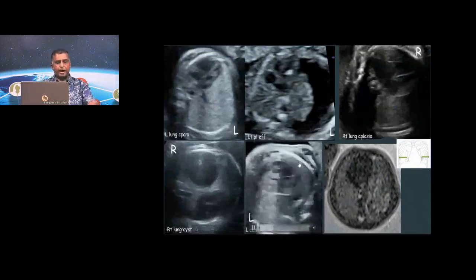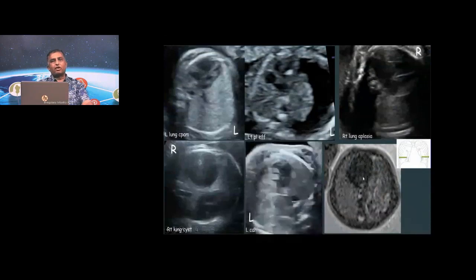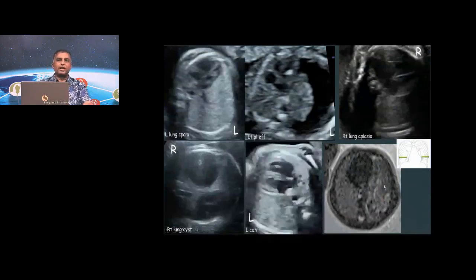Now, I want you to see the echo pattern here. That's the lung echo pattern. The echo pattern here is definitely not that of the lung. You will see that it's intestine. This is only intestine herniating into the thorax. The stomach is intra-abdominal, and this is the MRI of the same fetus showing you the normal right lung there, but this is the bowel that you see on MRI. And again, if you draw a line here, you will realize that more than 2/3 of the heart is moved to the right, very little left on to the left, and that is due to this only intestine congenital diaphragmatic hernia.